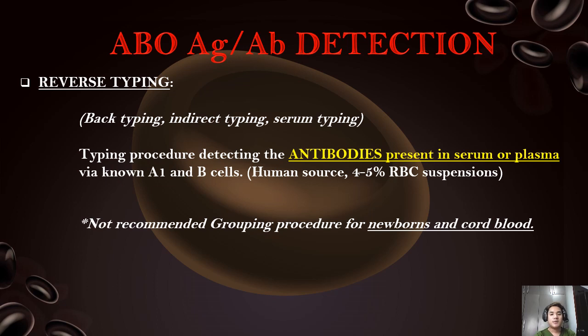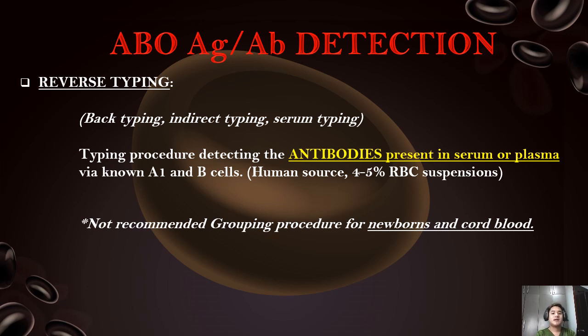These cell preparations are actually made from 4 to 5% red cell suspensions from people with known A1 and B cells. Basically, these suspensions are red cells, meaning they contain specific antigenic determinants or antigen structures which will react to your serum sample when the specific antibody is present.